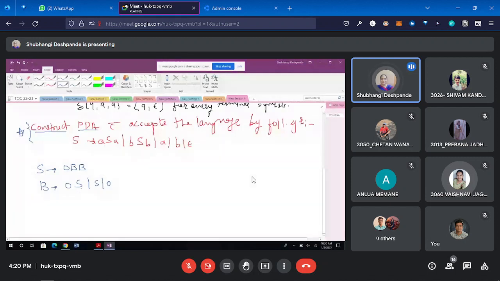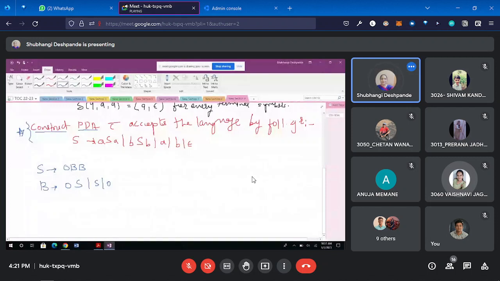Construct or convert the given grammar into the PDA that accepts the same language by empty stack.